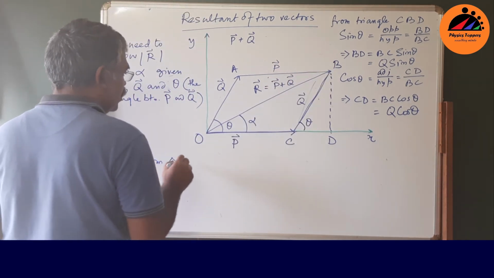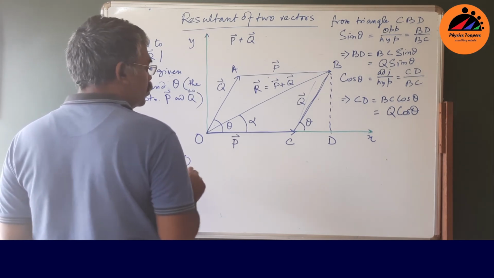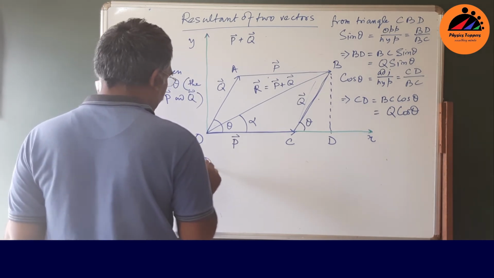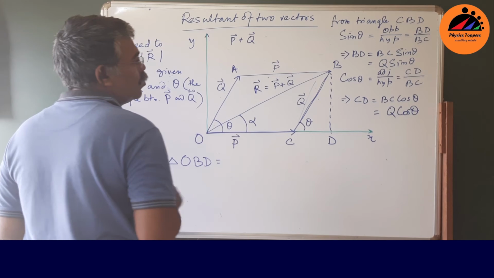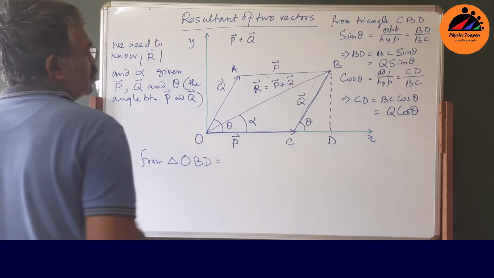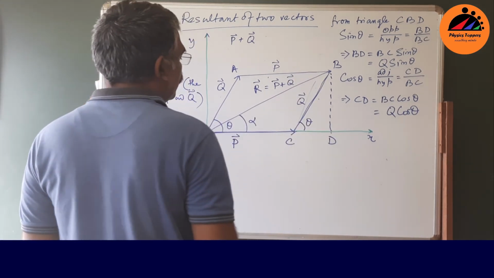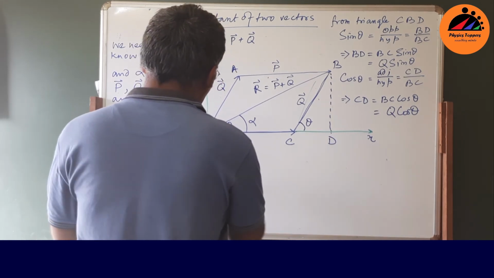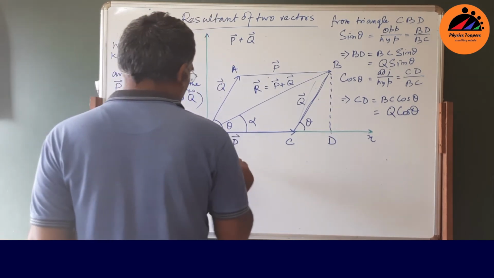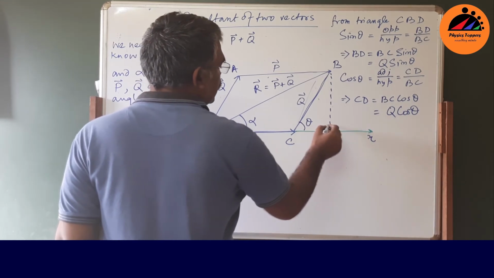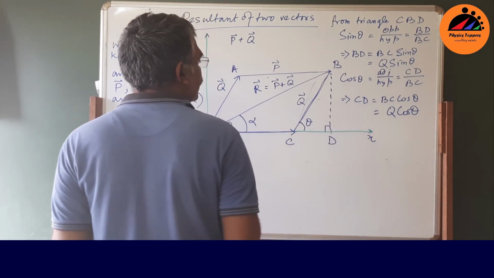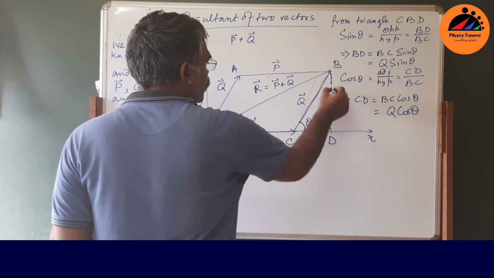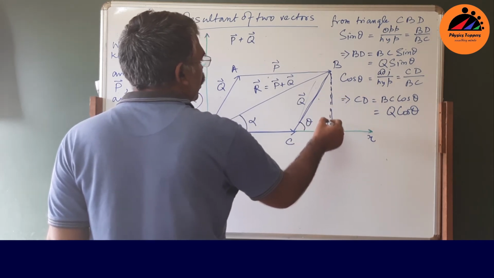From triangle OBD, if I use the simple Pythagoras theorem, since this is 90 degrees, just drop a perpendicular, that's okay.